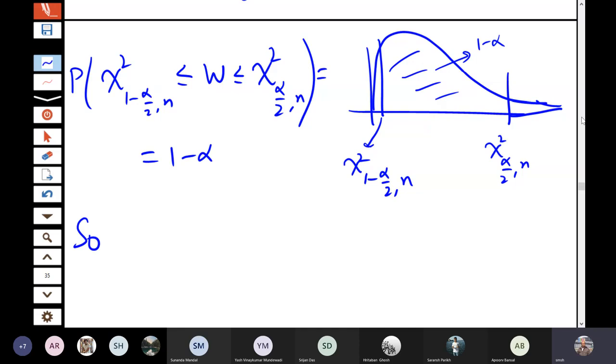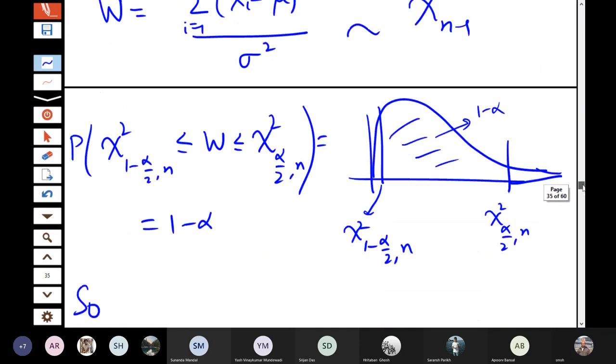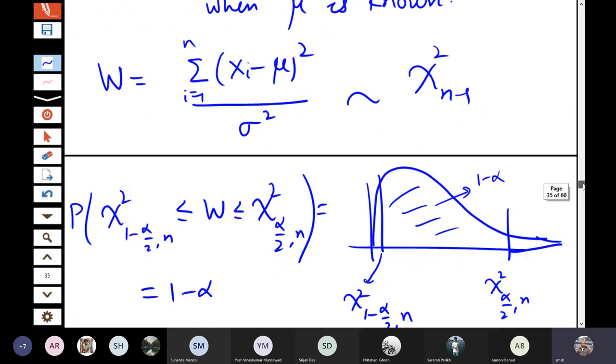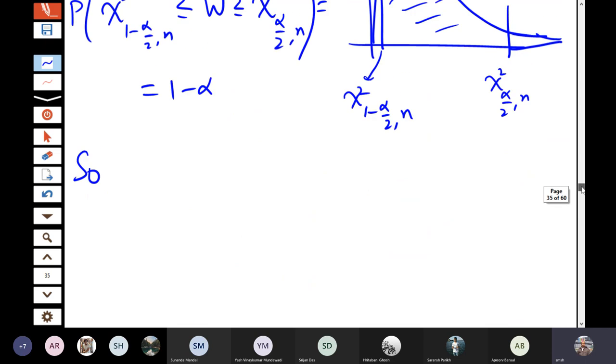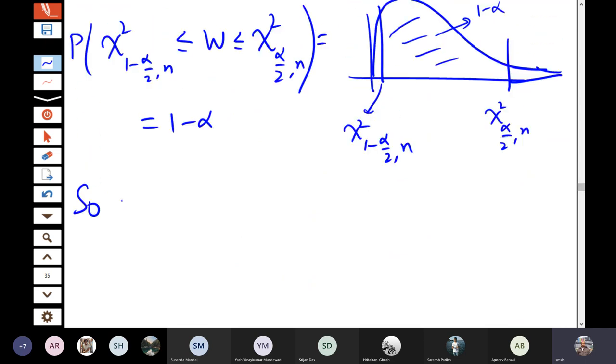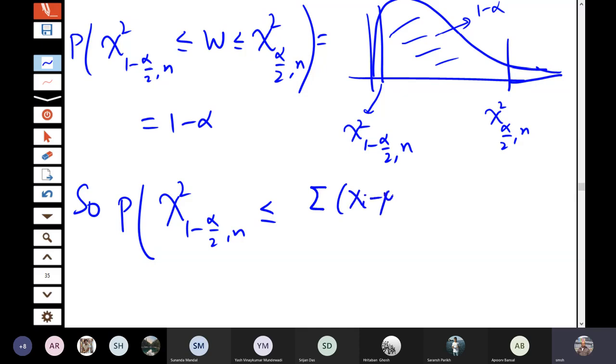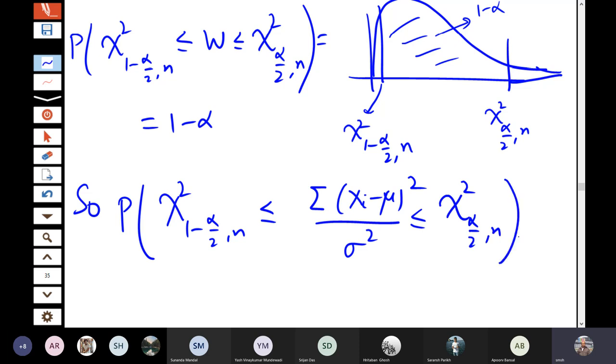So this W is here. If we substitute and simplify, that is probability of chi square 1 minus alpha by 2, n less than or equal to sigma (xi minus mu) square by sigma square less than or equal to chi square alpha by 2, n, that is equal to 1 minus alpha. So you make it reciprocal and multiply by sigma (xi minus mu) square.